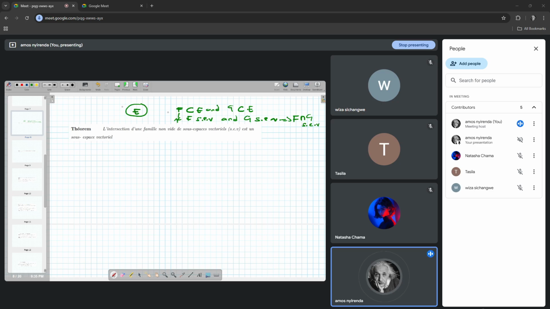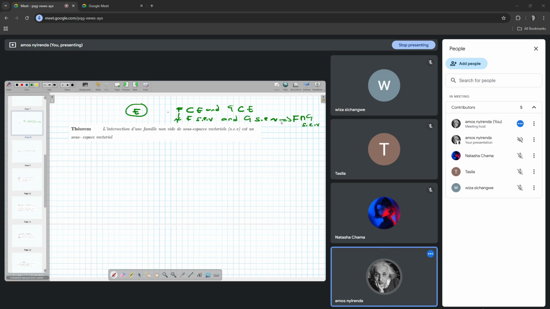So if we have some parent space E, the theorem is saying that if F, which is a subset of E, is a sous-espace vectoriel and G is a sous-espace vectoriel, then the intersection of the two is also going to be a sous-espace vectoriel.